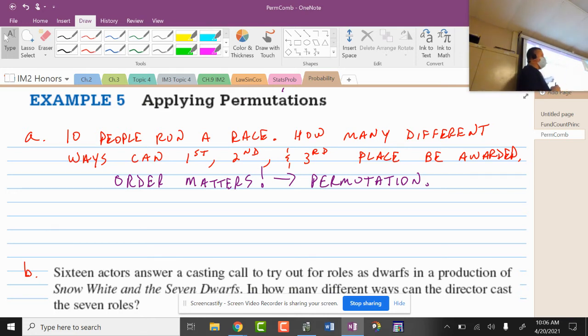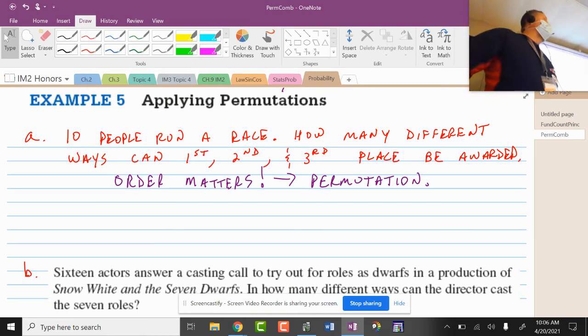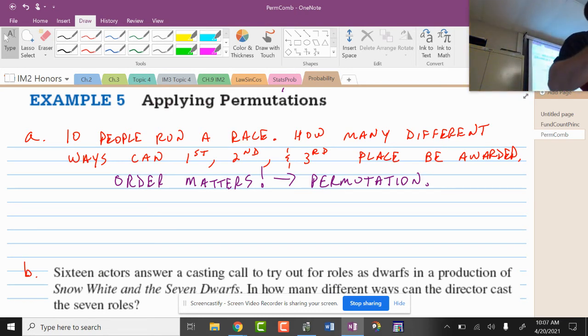This is very specific. When I run a race, does it matter if you get first or second? Yes or no? Heck yeah, it matters. So here's the point of order mattering as opposed to order not mattering. Say we have 4, 7, we have 10 right here in the last 3 rows. We all run a race. You 3 finish top 3.